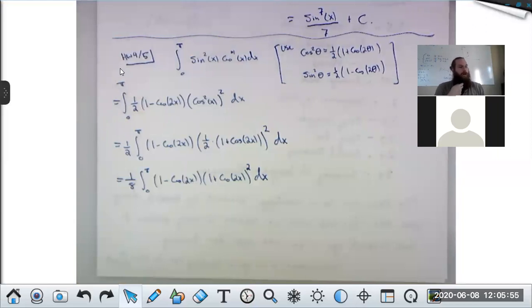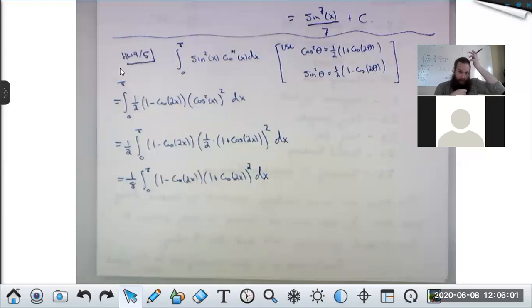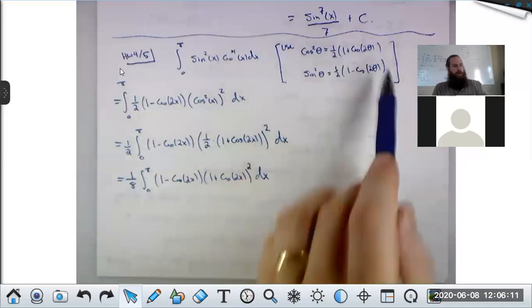Now from here, I need to FOIL this out, then distribute this over that, and then march on. The nice thing is that everything is now in terms of cosine 2x. So down the road, I'll be able to use this identity again.